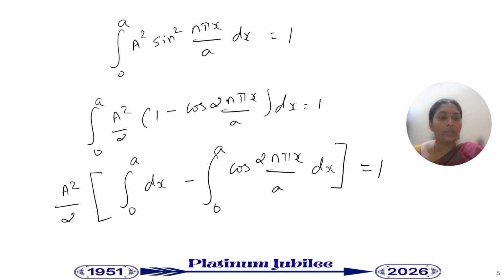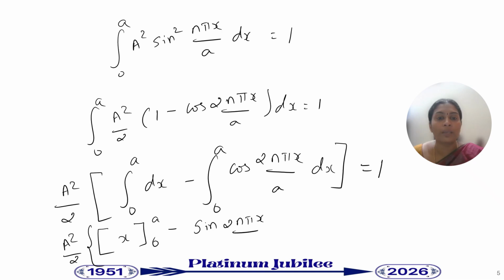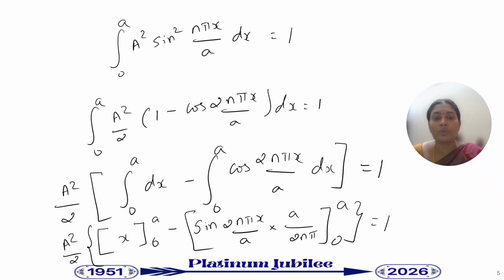So now doing the integration, I can calculate A square by 2 into x from 0 to a minus, when I integrate this cos 2 n pi x by a, I'll get sine 2 n pi x by a into a by 2 n pi, from 0 to a, and that is equal to 1. And we know that sine of n pi is equal to 0. So the second term becomes 0.